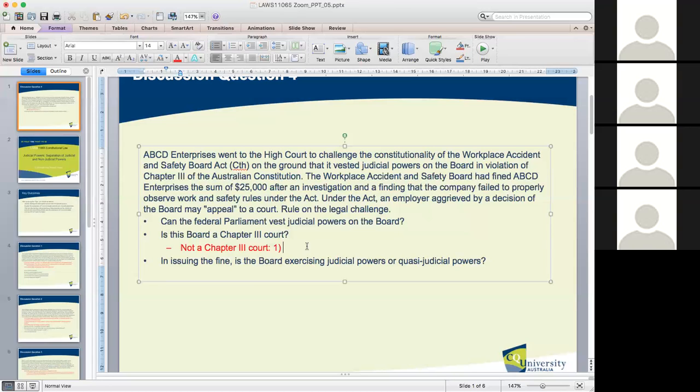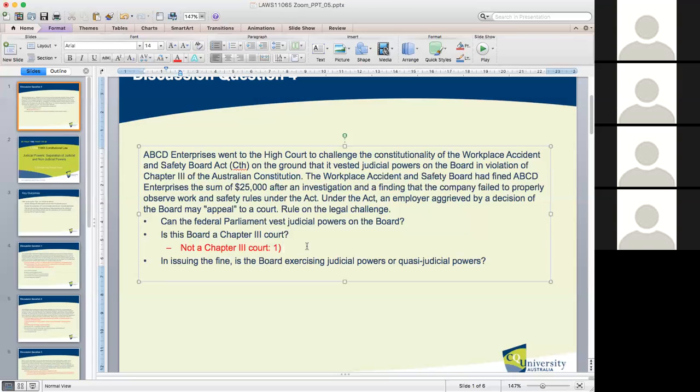But we cannot assume either that the way the board members were appointed wasn't according to Chapter 3. For all we know, it could have been, but we don't know that. So let's focus on the facts.